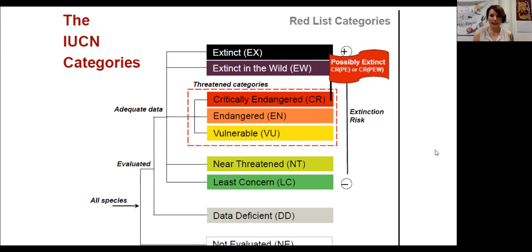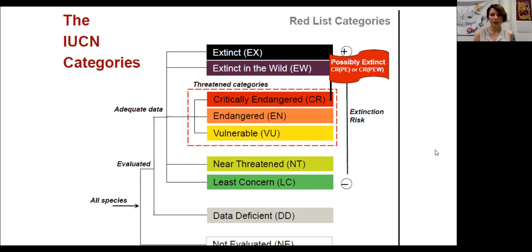Next up, you could have a species that has been evaluated, but they've decided that they don't actually know enough to put them in any particular category. So data deficient and not evaluated are potentially some of the most dangerous categories that an animal could fall into because they could end up going extinct without anybody even looking.